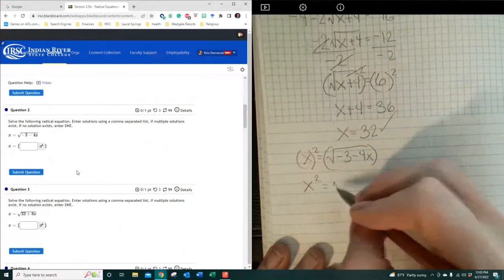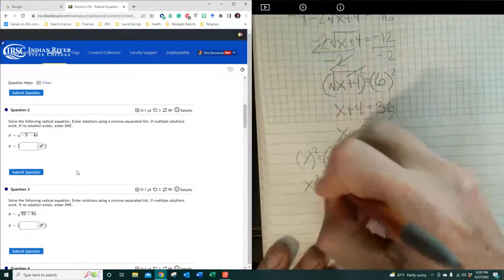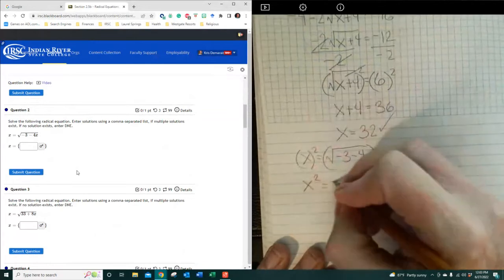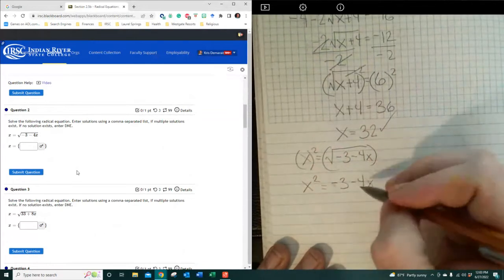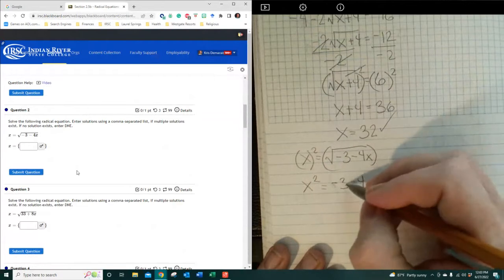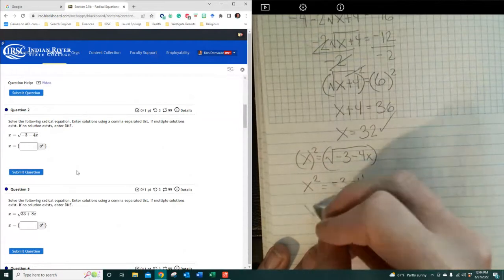And that gets rid of the radical symbol. And so we have this. Then I have to solve this. I bring everything over to the other side and get this.